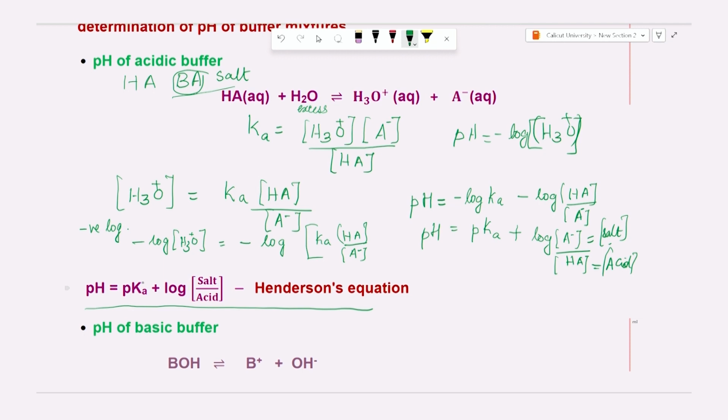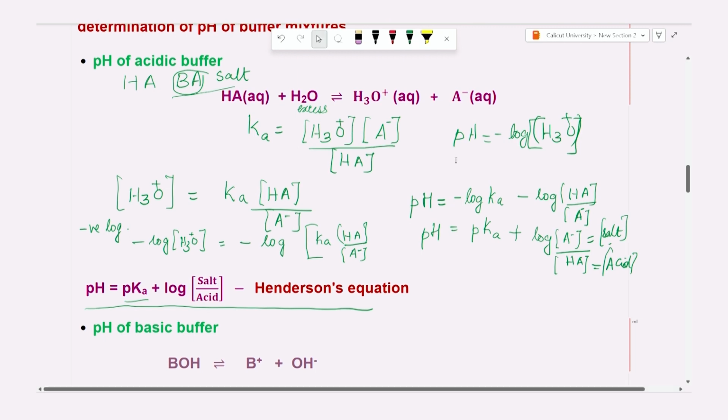Here you can see that pKa is the dissociation constant of the acid, while the other two factors are the concentration of the salt and acid. The proportion decides. Once you fix the weak acid, the pH is determined by the concentration of the salt and the weak acid taken. So, by adjusting that, you can have a definite pH which you require.